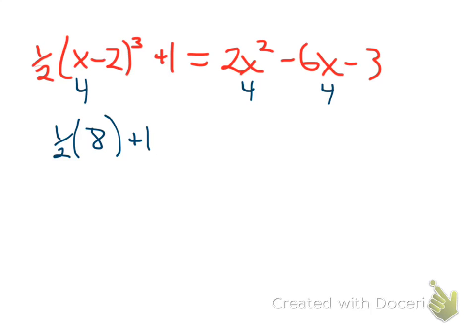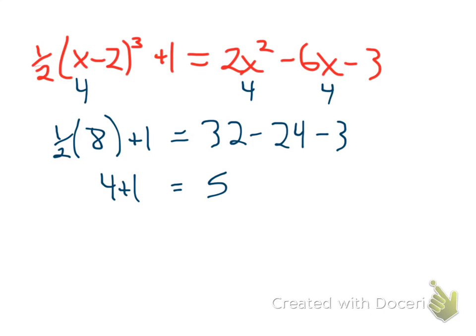Now I have 2 times 4 squared. 4 squared is 16, times 2 is 32. Negative 6 times 4 is minus 24, and then minus 3. So here I get 4 plus 1. On the other side, 32 minus 24 minus 3 ends up being 5, and I get 5 equals 5. So testing them both, 0 and 4 both work.